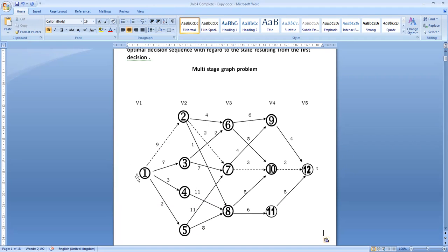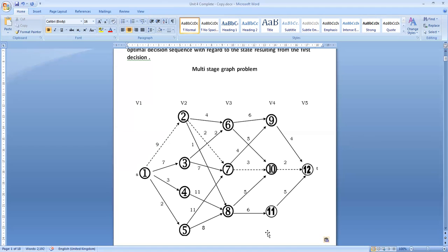This is stage 1, then vertices 2, 3, 4, 5 are all in stage 2. Then 6, 7, 8 are all in stage 3. 9, 10, 11 are all in stage 4. Then vertex 12 is in stage 5.